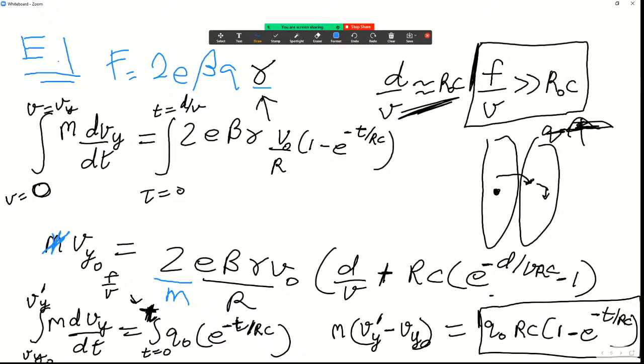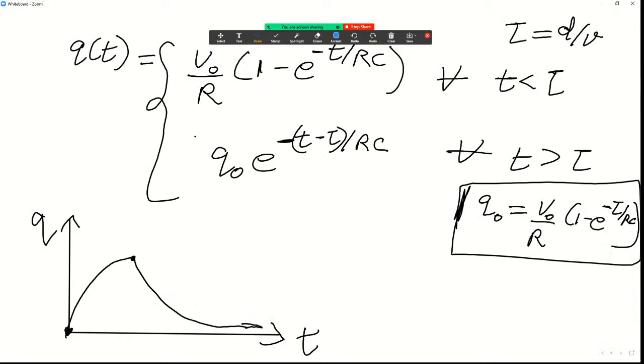And we have Q0, we have to go one more slide back for Q0. Yes, Q0 was V0 by R, 1 minus e to the power minus tau by RC. Okay, so I have copied all three.